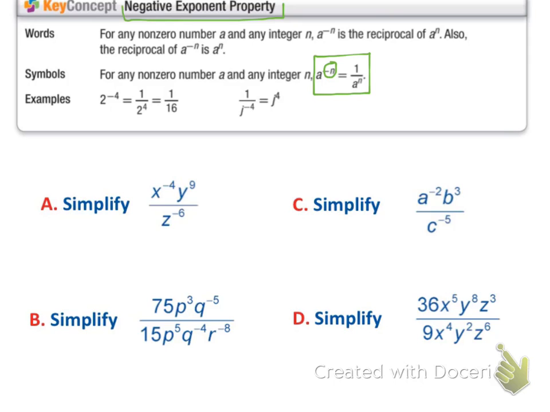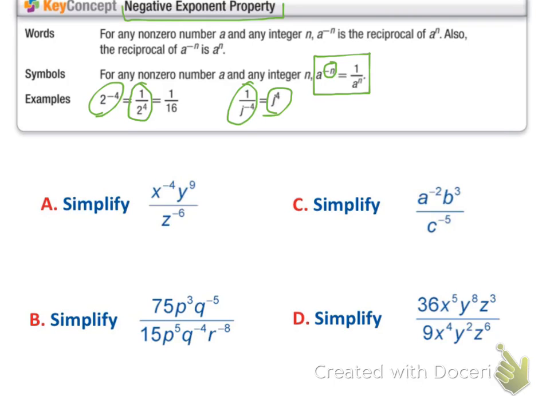So that negative just simply disappears because you've moved it to the bottom of the fraction. So for example, 2 to the negative 4th becomes 1 over 2 to the 4th. And the opposite is also true. If I have 1 over j to the negative 4th, I can move it to the top of the fraction to make it positive, j to the 4th.